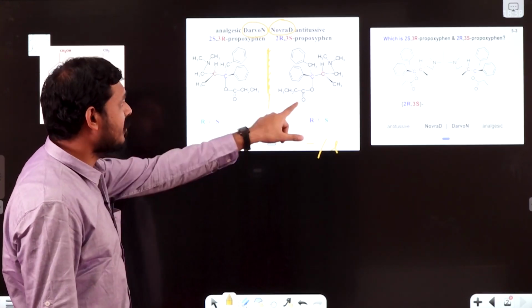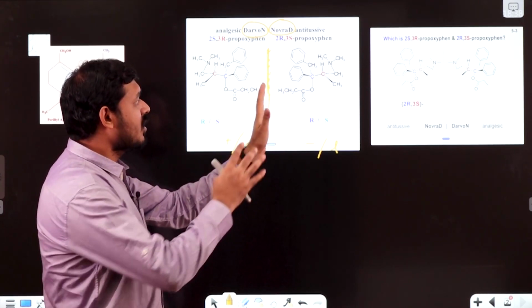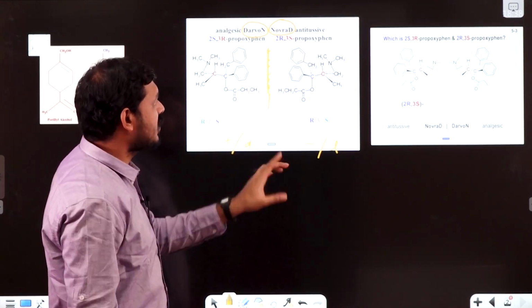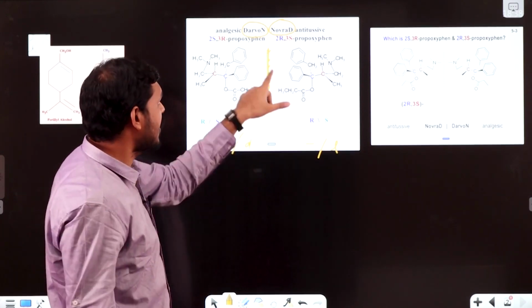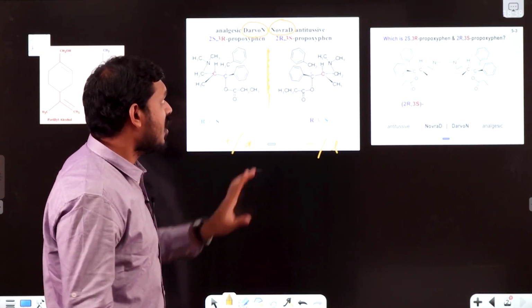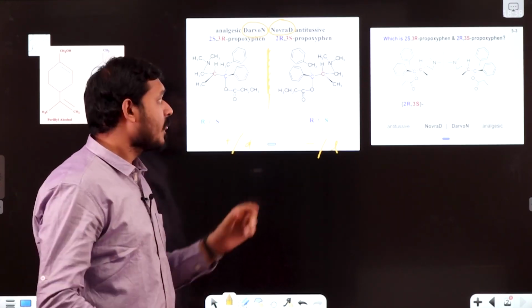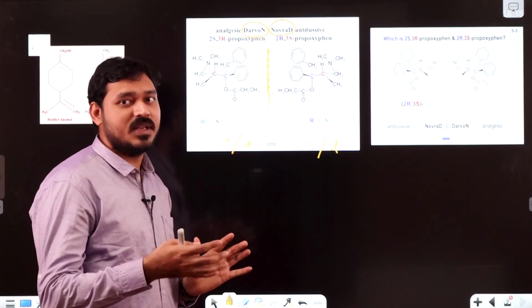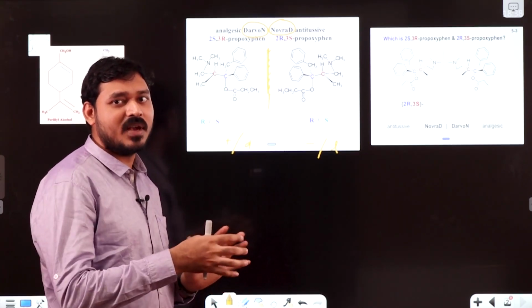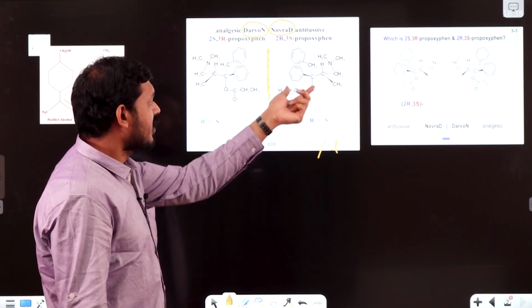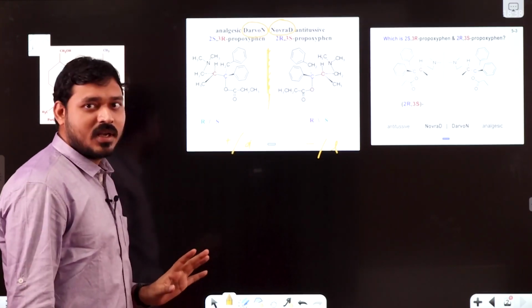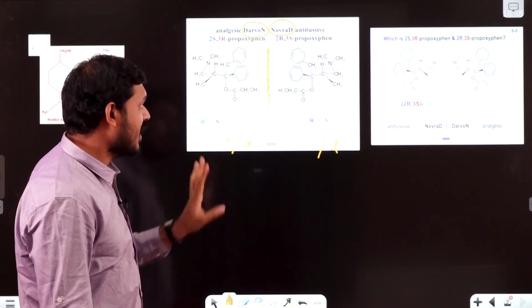But the same compound, just due to optical activity or difference in spatial arrangement, has a different application in Novrad. It is antitussive, or in simple terms, it is used as an anti-cough agent. Means if you have allergies or cough and cold, in those cases, this compound is used as a medicine.